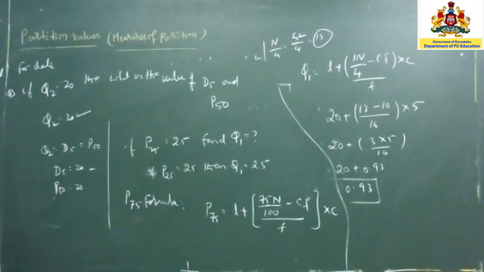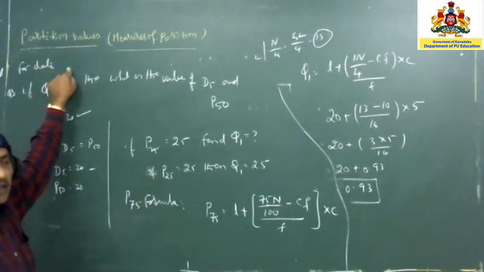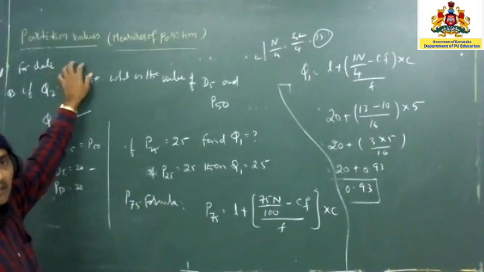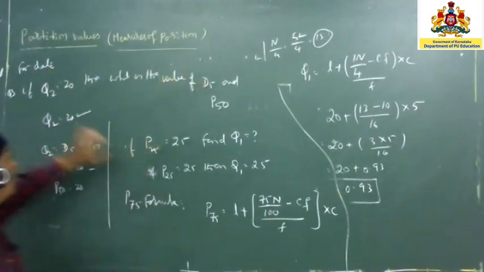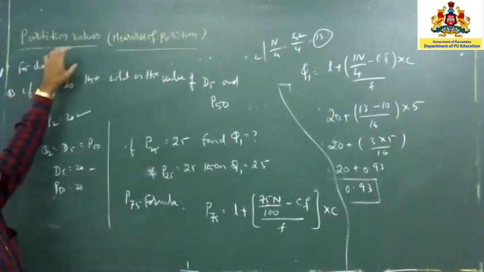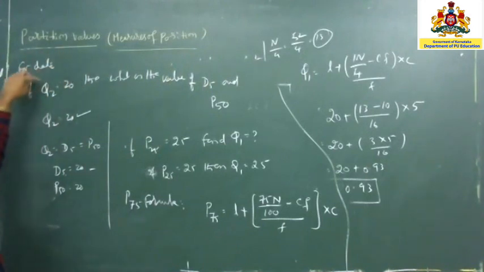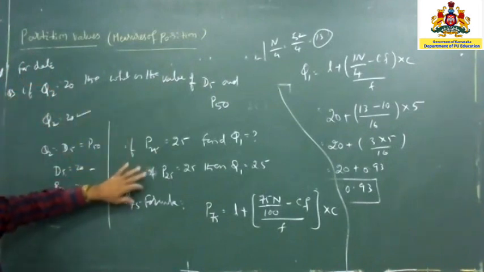So finally what we are going to conclude: partition values are a type of measure which divides the data into equal numbers of parts. The partitions are in three ways, which we found already. The first one is quartiles, the second is deciles, and the third is percentiles.